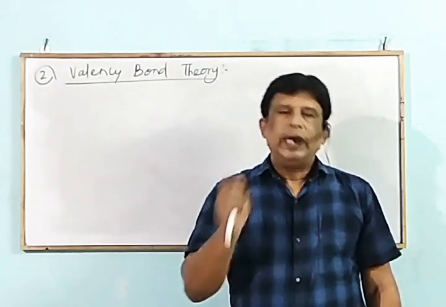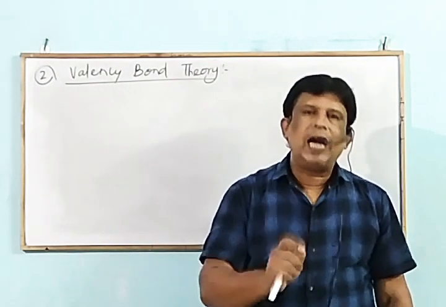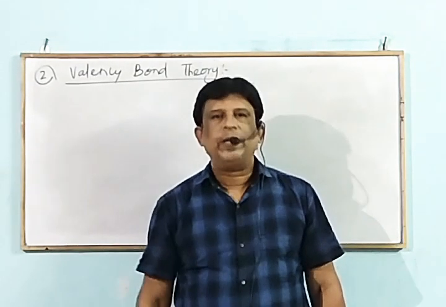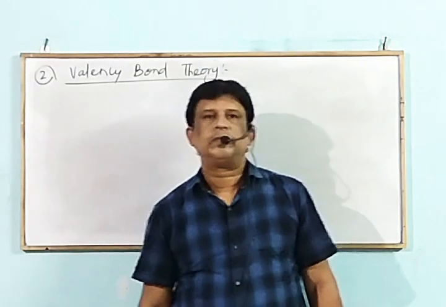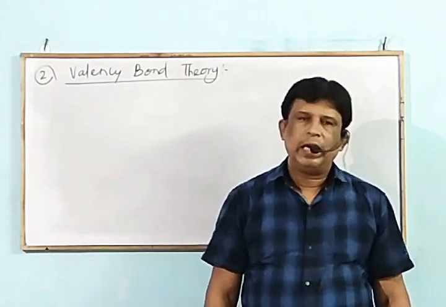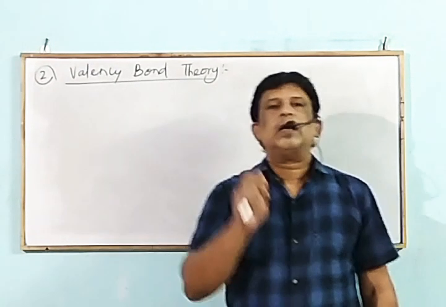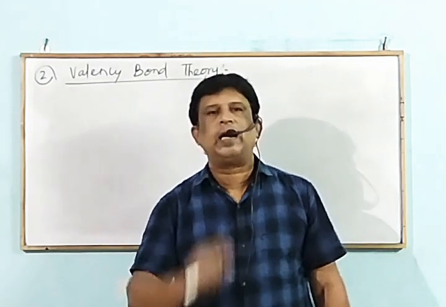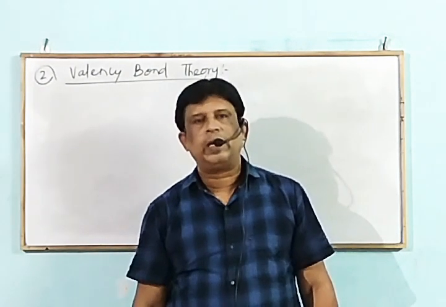Point 3. In a complex, every ligand possesses at least one sigma orbital having a lone pair of electrons. I repeat again. In every complex each ligand possesses at least one sigma orbital containing a lone pair of electrons.